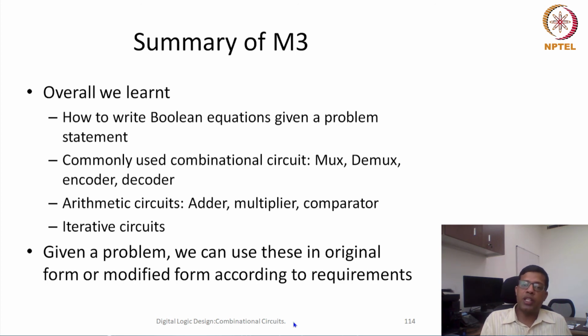So there were various circuits that have been discussed, and along with understanding these commonly used combinational circuits, we have also seen design of arithmetic circuits, adder, multiplier, comparator, and we have also seen how to design them more efficiently. This adder as well as multiplier both offer some sort of parallelism.